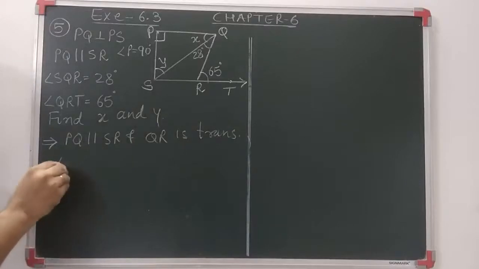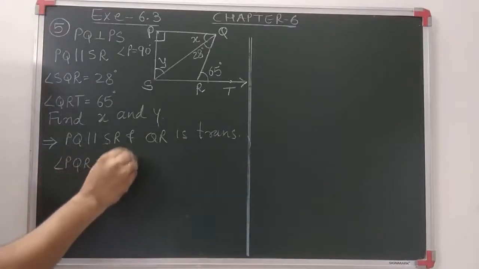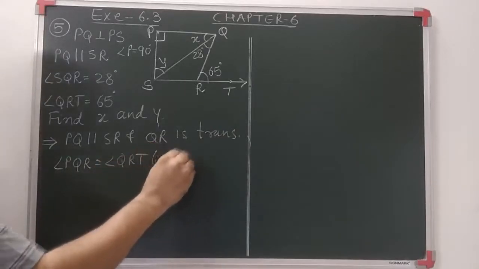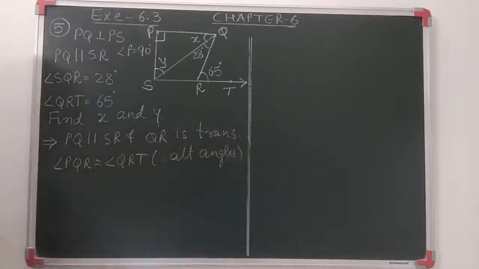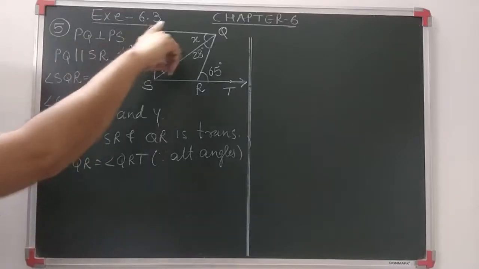So we can say that angle PQR is the same as angle QRT. Again the reason: they are a pair of alternate angles, as we discussed.